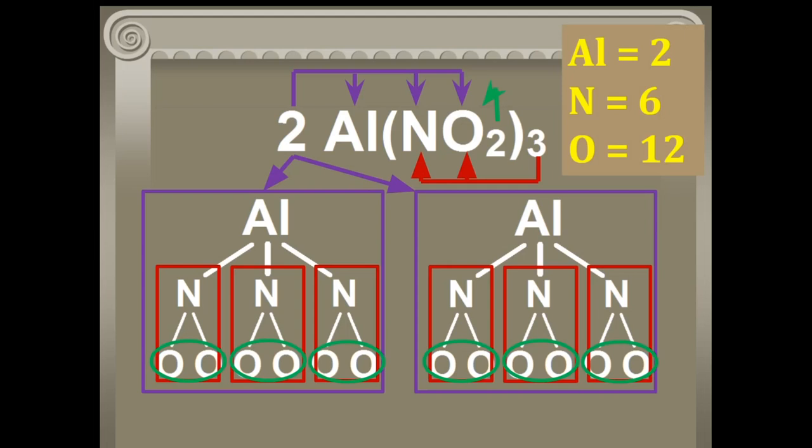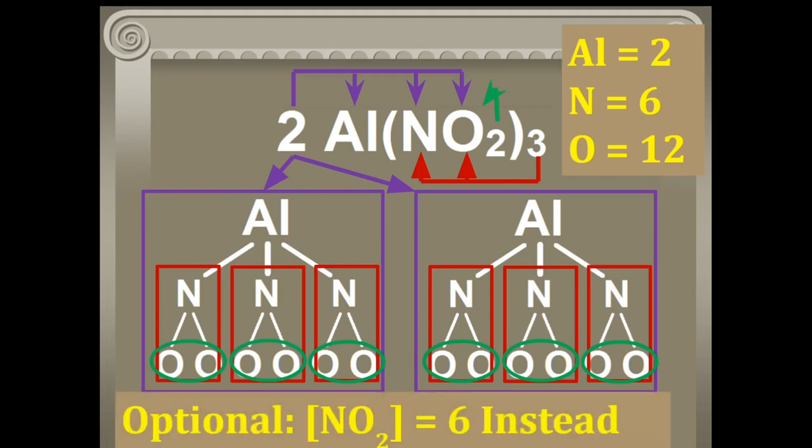If I were to write an atom inventory, it would be Al2N6O12, like this. Al equals 2, N equals 6, and O equals 12. That's if I want to take an atom inventory, which you will have to do at times, and then we're going to stop doing it probably tomorrow.